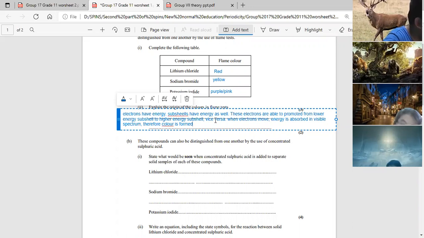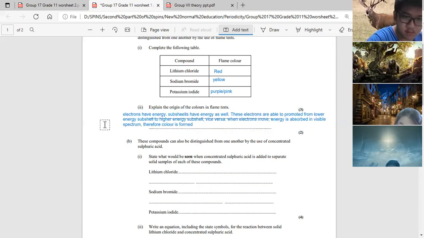If there is no electron moving, there will be no color. Example, in a very dark room, why is it dark? Because there is no electron move. When there is an electron move, we are able to see colors. That's why we need light.